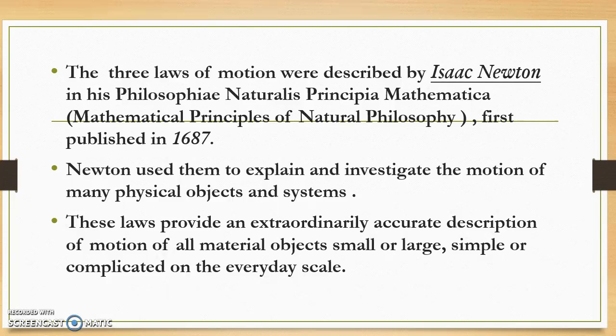Newton used them to explain and investigate the motion of many physical objects and systems. These laws provide an extraordinarily accurate description of motion of all material objects, small or large, simple or complicated, on the everyday scale.